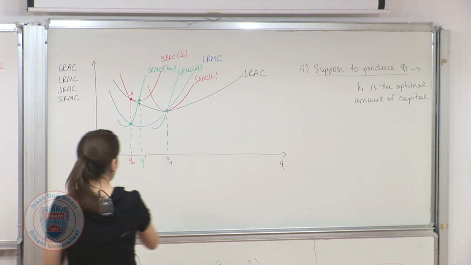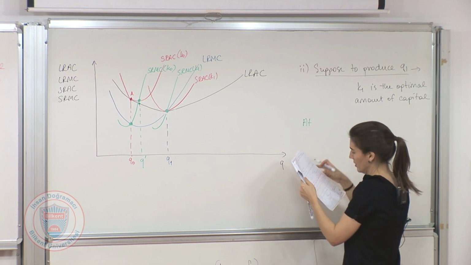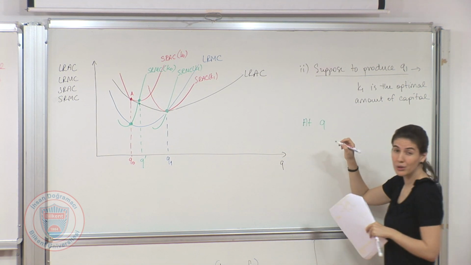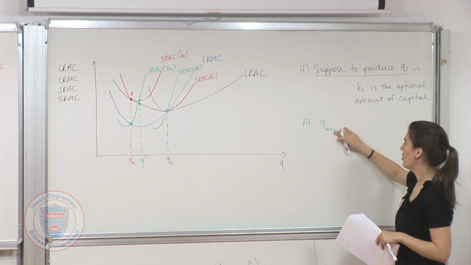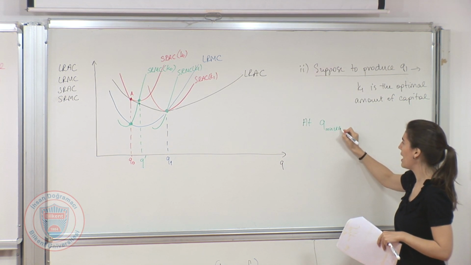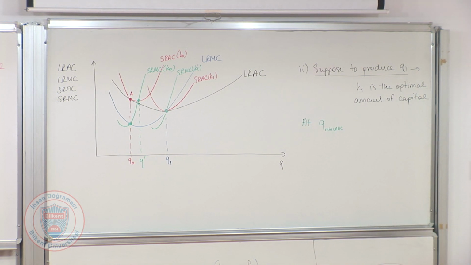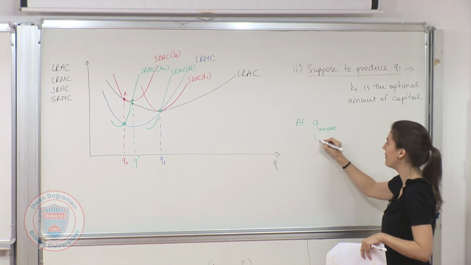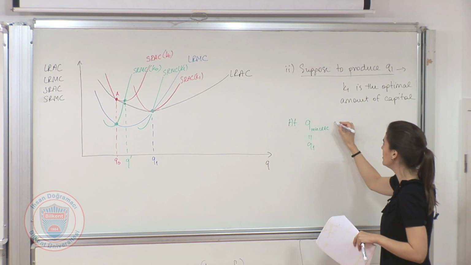So basically, let me put it like this. At Q, so we show it like this. Q minimum average, or let's put it long run average cost. Okay, this is the Q that minimizes the long run average cost, and in our graph it is Q1, right? So here we called it Q1.